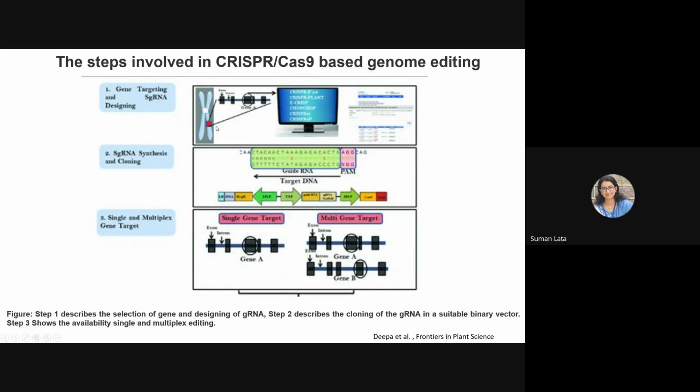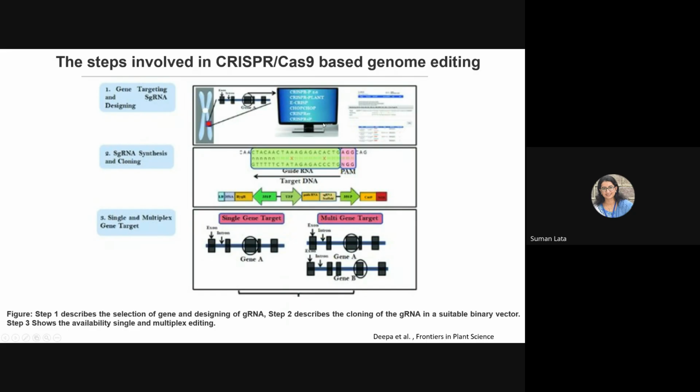For selecting the gene, mostly the negative regulators are targeted, and these are the different software used for designing the sgRNA, like CRISPR-P, CRISPR-Plant, eCRISP, ChopChop.